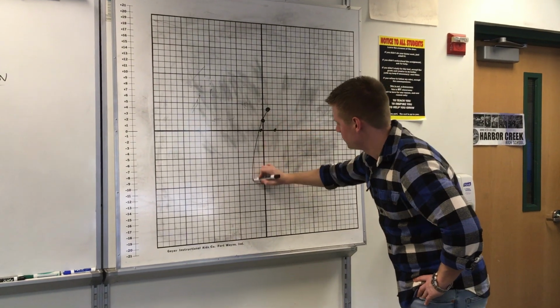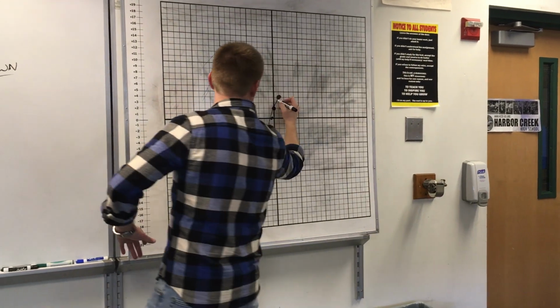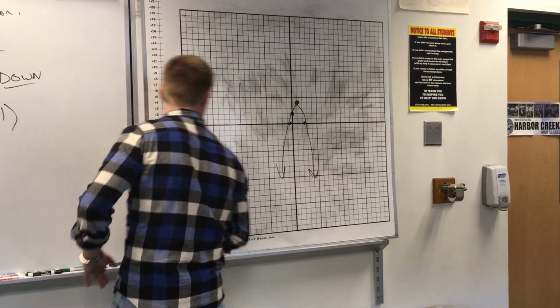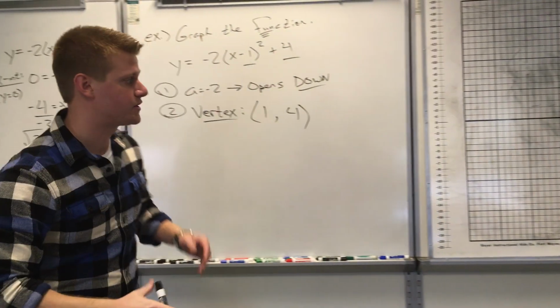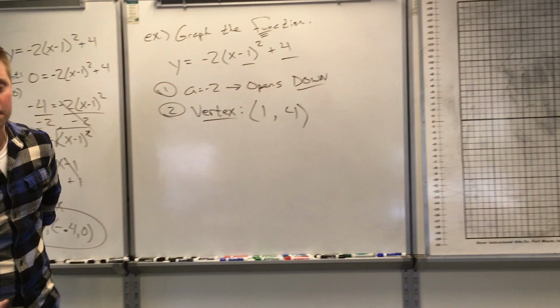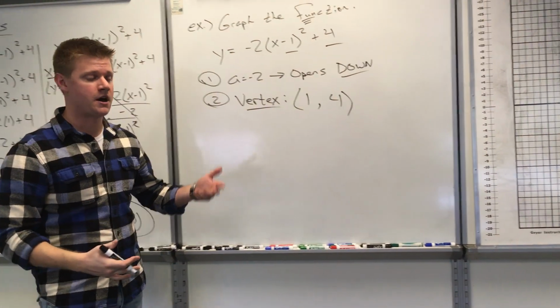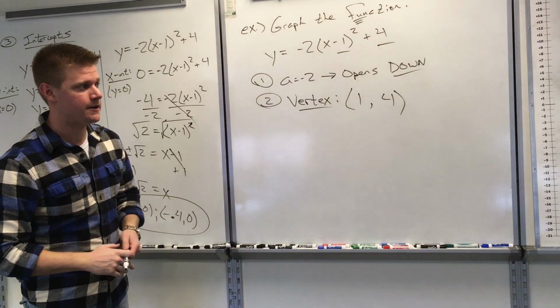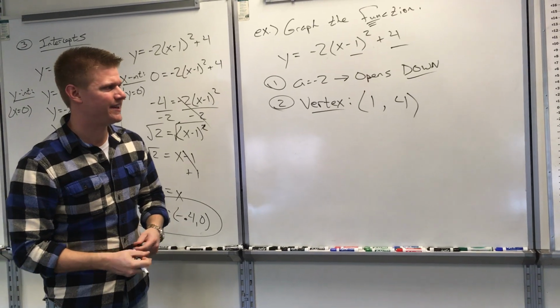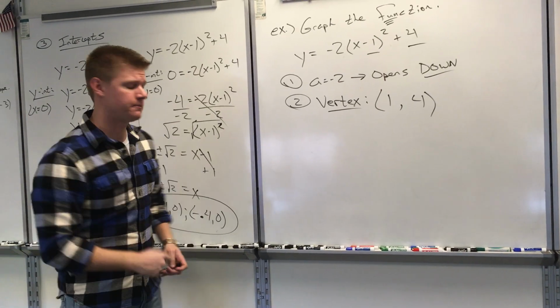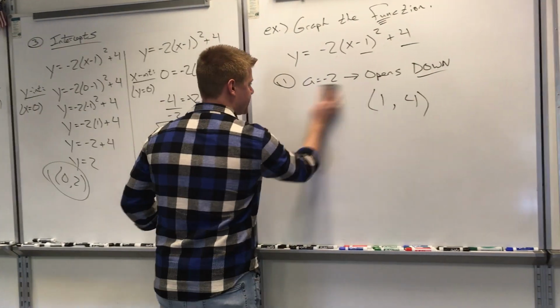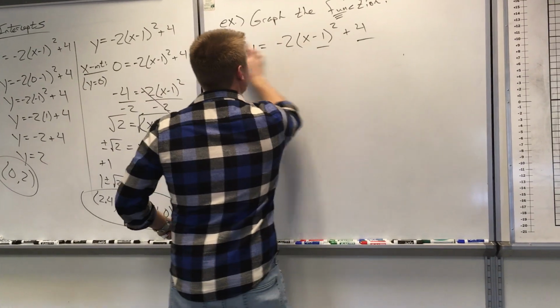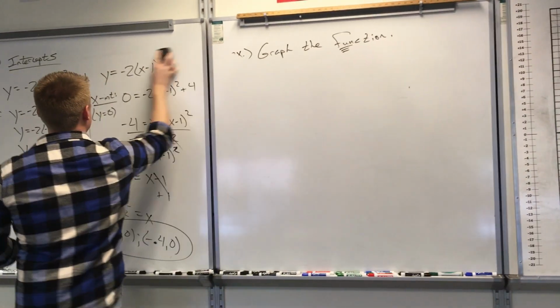And of course, we knew this one would open downward. And as I've always said, I never expect perfection out of your graphs if I can't expect it out of my own. So that is specific enough. I know points on either side. That is graphing in standard form. So last thing I'm going to finish up with is one more example of graphing in standard form.